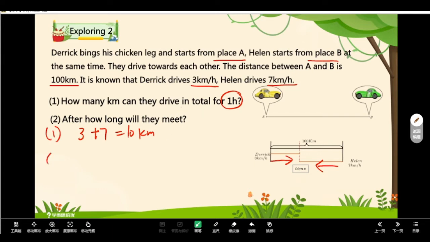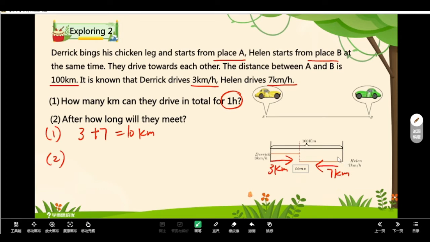So for question 2, after how long will they meet? We can think about if Derek goes from place A to place B for 1 hour only, he travels 3 km, and Helen goes from place B to place A, travels for 1 hour only, she goes 7 km.